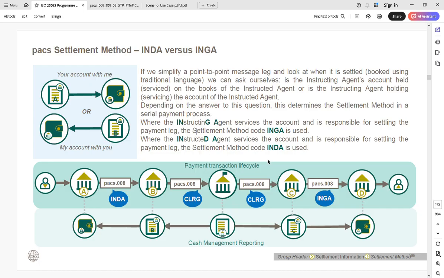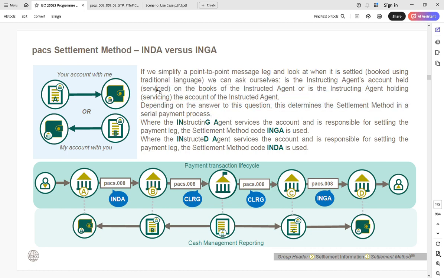Typically, widely we use only two methods: by the instructed agent or the instructing agent who is doing the settlement of the payment. So depending on that, if we simply go point to point, using the traditional method, we can use them ourselves. Depending on the answer to the question, determine the settlement method in a serial payment process.